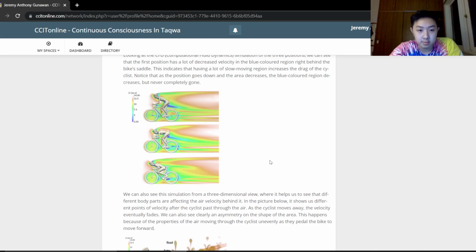So having more blue colored region behind the cyclist is bad for the speed, as it results in much more drag for the cyclist to experience.